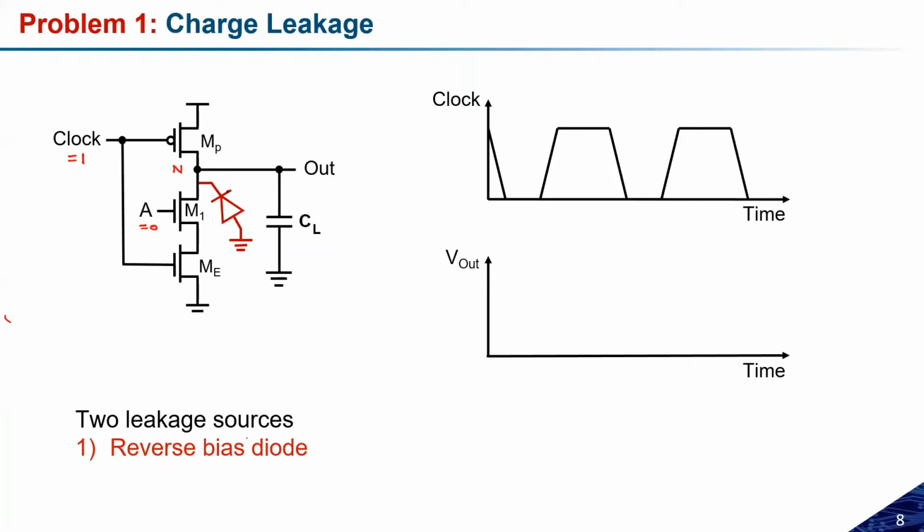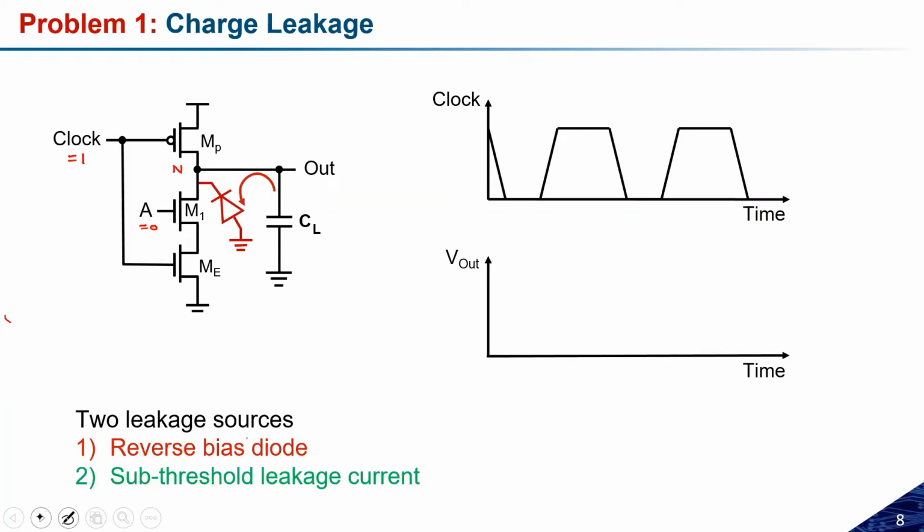Each diode has some reverse bias current, so this capacitor CL, which was charged during the pre-charge phase, will start discharging even though the transistor M1 is in the off state. It will get some path to discharge through this reverse bias diode. So this is one of the problems.